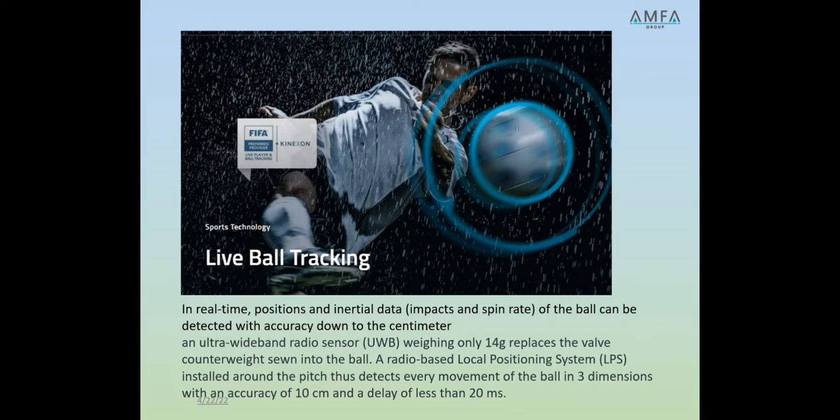The connected ball technology can give live ball tracking by using an ultra wideband radio sensor, UWB, which can give the impacts and the spin rate, and can also use an LPS, the local positioning system. The interesting part is the delay is less than 20 milliseconds.